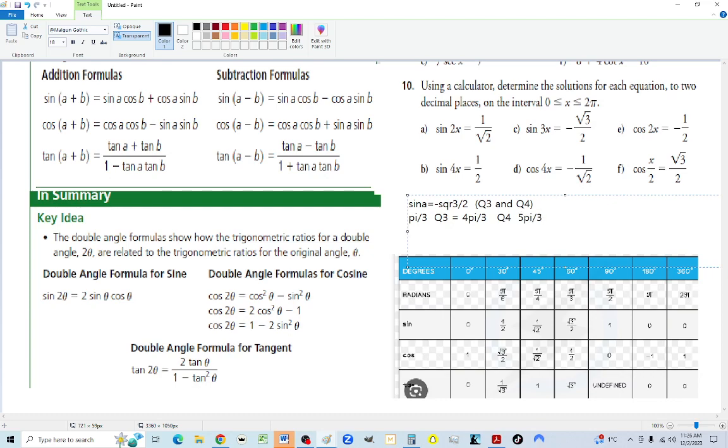Now that we have that, when is 3x equal to 4 pi over 3? When x is equal to 4 pi over 9. When is 3x equal to 5 pi over 3? When x is equal to 5 pi over 9. Those are the two possible answers. And notice that x is always positive because we've converted it to the right quadrant.